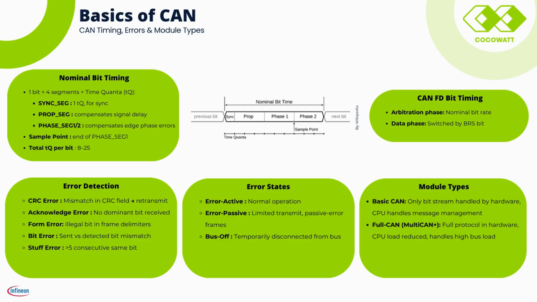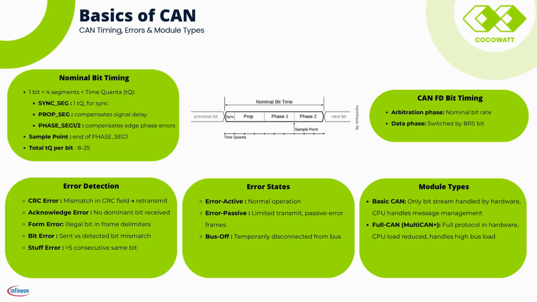Notably, the sync segment is crucial for synchronization, while the propagation segment compensates for signal delays. The phase segment 1 and the phase segment 2 further refine timing by correcting edge phase errors, with the sampling point marking the end of phase segment 1. Overall, the total TQ per bit ranges from 8 to 25.